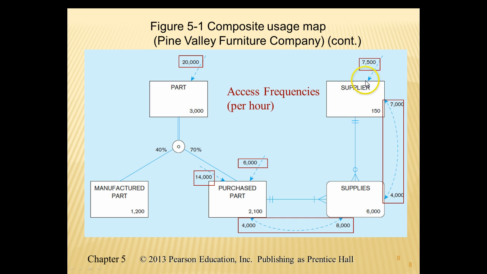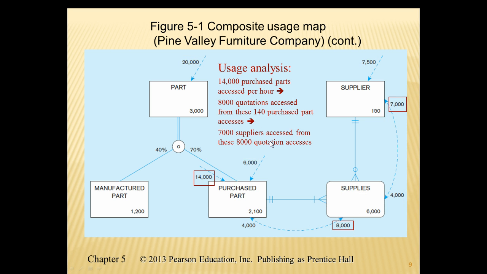There are 7,500 transactions coming into the supplier system, and then this shows the interactions between supplier and supplies, and the interaction between purchased part and supplies. This indicates the transactions going in this direction.